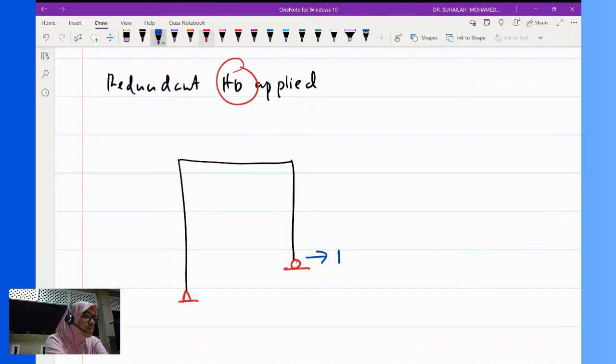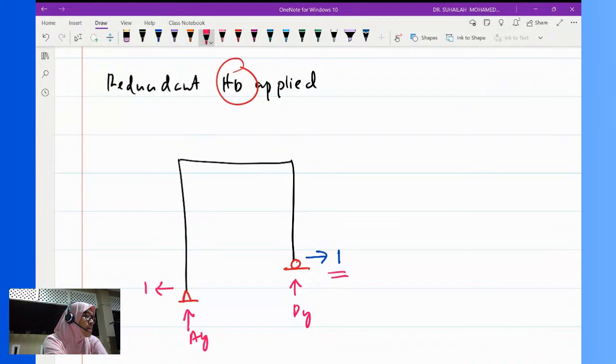Now from that we will calculate AY and DY. This is AX. Automatically, when we put this as positive 1, the other one should be negative 1, so that the system is in equilibrium.